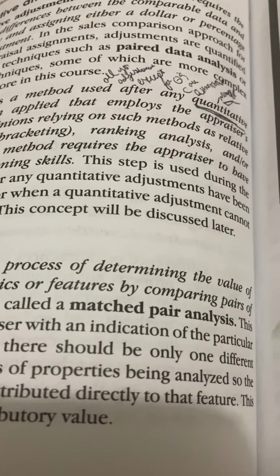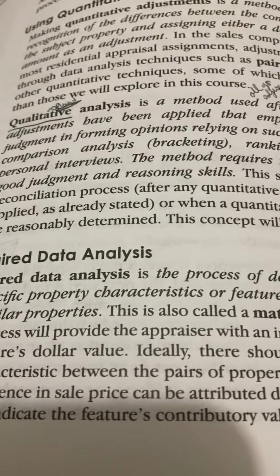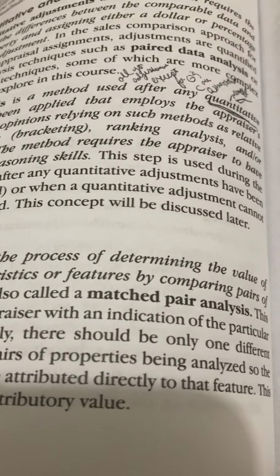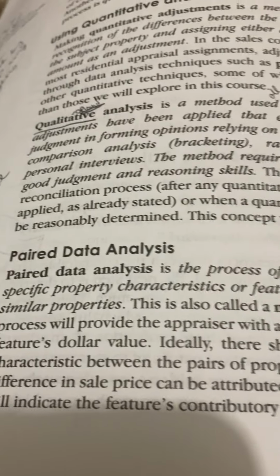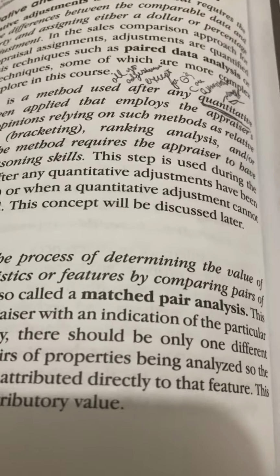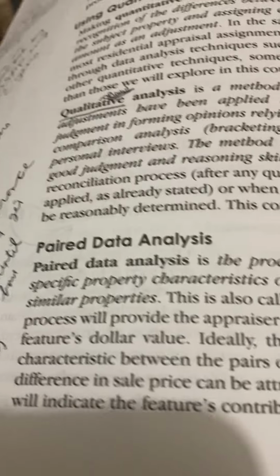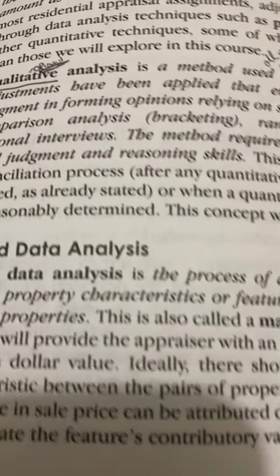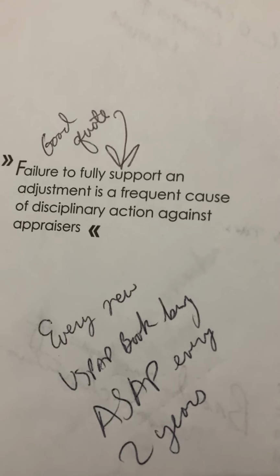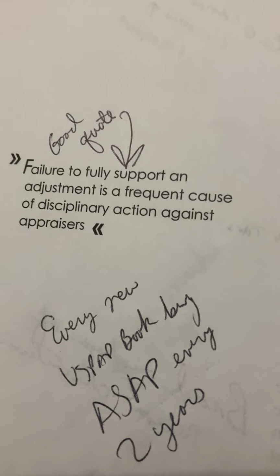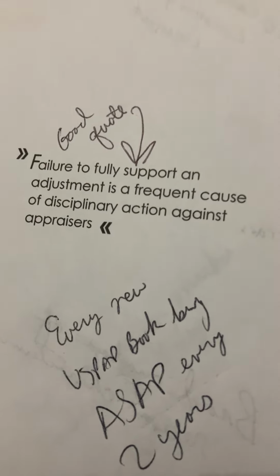Ideally, there should be only one different characteristic between the pairs of properties being analyzed, so the difference in sale price can be attributed directly to that feature. This will indicate the feature's contributory value. Failure to fully support an adjustment is a frequent cause of disciplinary action against appraisers.